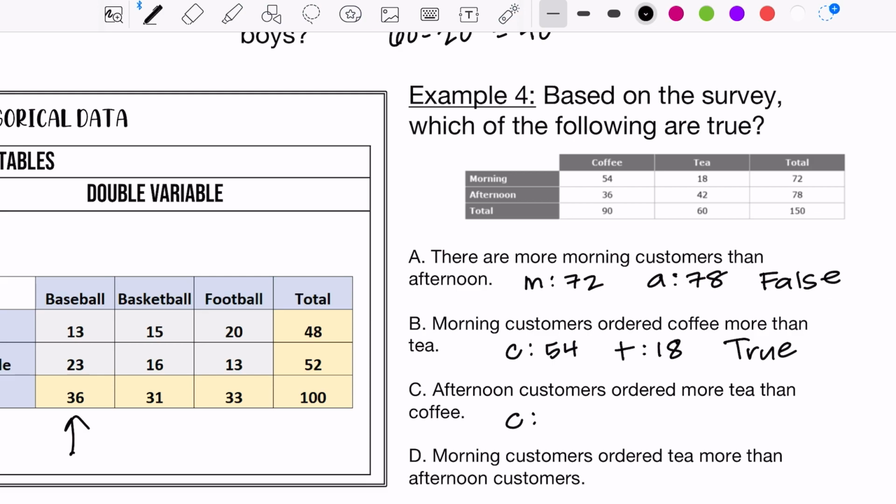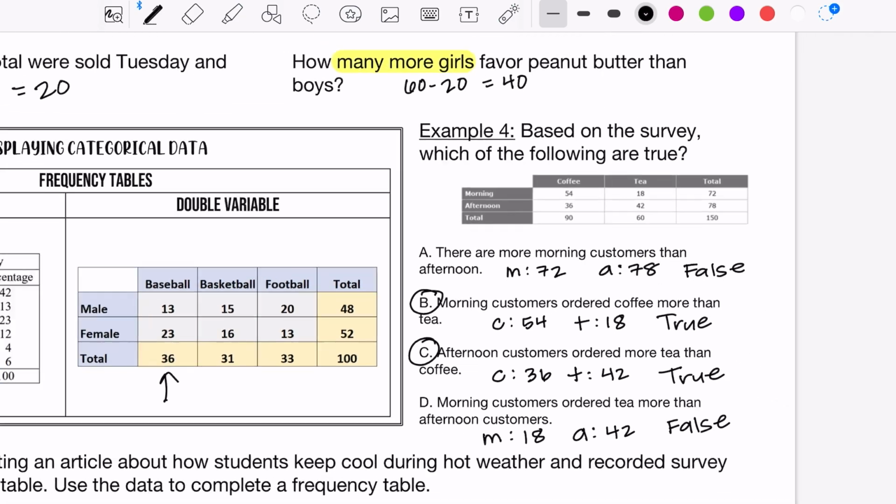So afternoon customers, there was 36 that ordered coffee, 42 that ordered tea, and that means that they did order more tea, so that's true. And then it says morning customers ordered tea more than afternoon customers. So the morning customers that ordered tea was 18, and the afternoon customers is 42, so that's false. The question asked us to label which ones are true, so it's going to be B and C.